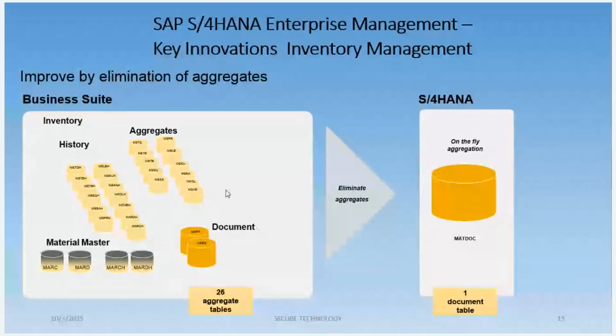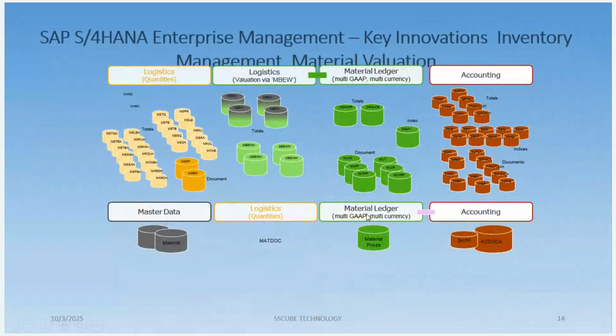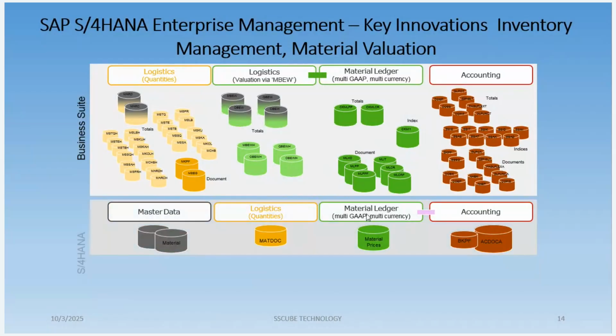Let me give an example. If it takes 90 seconds to create a purchase order in SAP ECC, that means Business Suite, it can be created in 45 seconds, half the time, in S4 HANA. That is possible. So S4 HANA is a little faster, and there are many other features that we can discuss at the time of training.